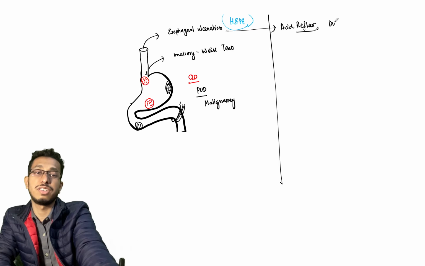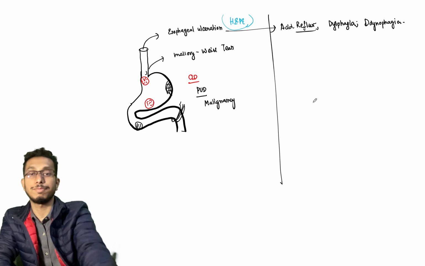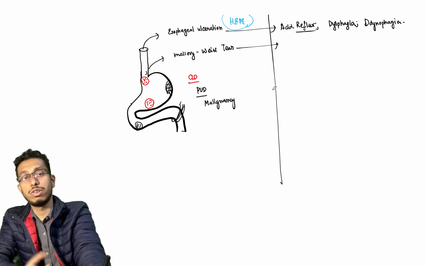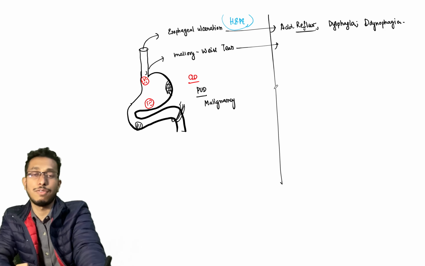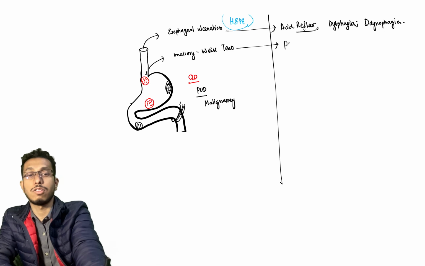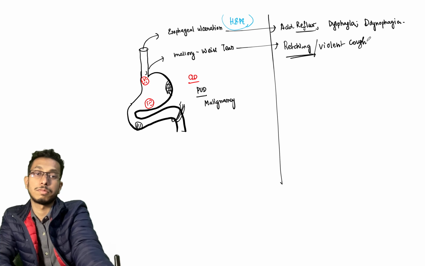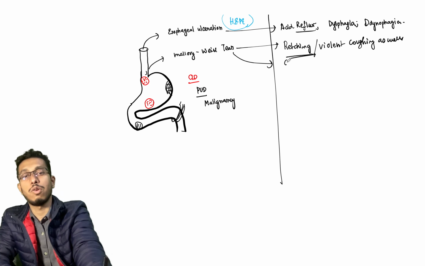There can be history of dysphagia or odynophagia, that is painful swallowing. Mallory-Weiss tear is seen in the person who tries excessive vomiting against force, for example, in case of retching. Now this tear can be due to violent coughing as well. This is mainly seen in alcoholic patients.